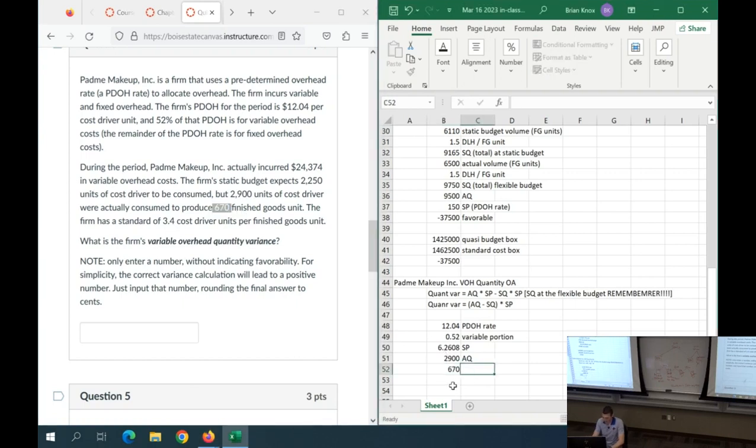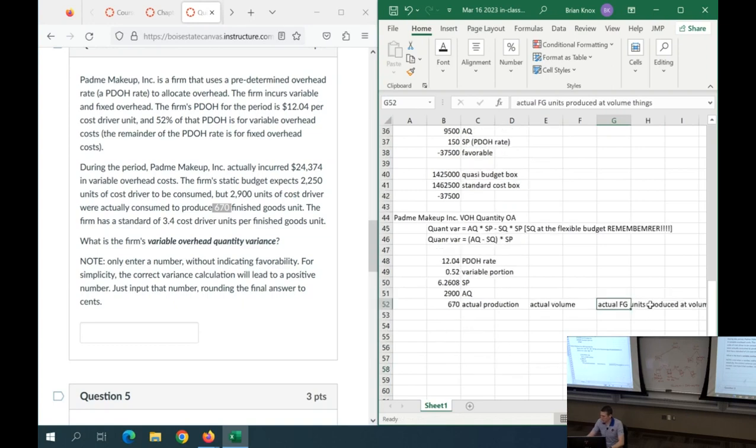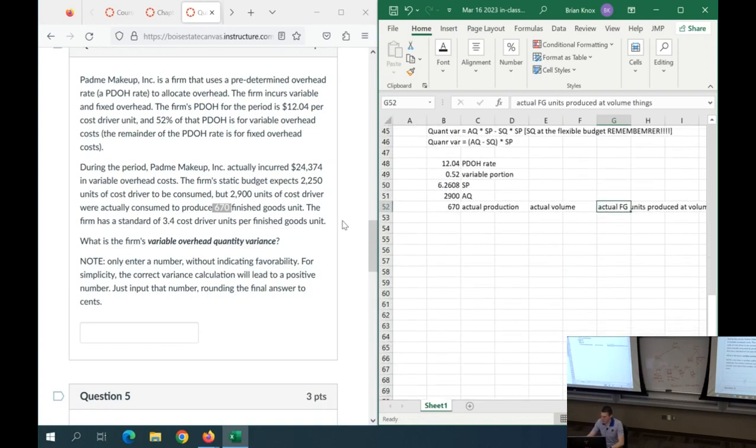So 670, actual production. Sometimes I call it actual volume. Sometimes I call it actual finished goods units produced. It's the same idea.